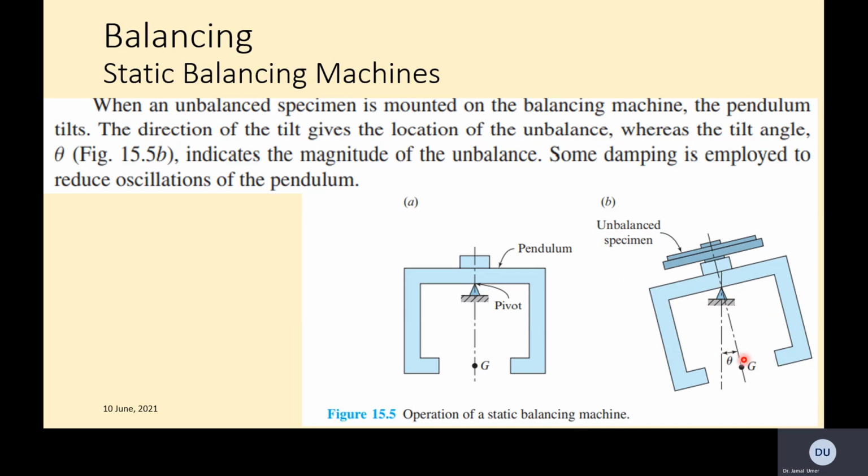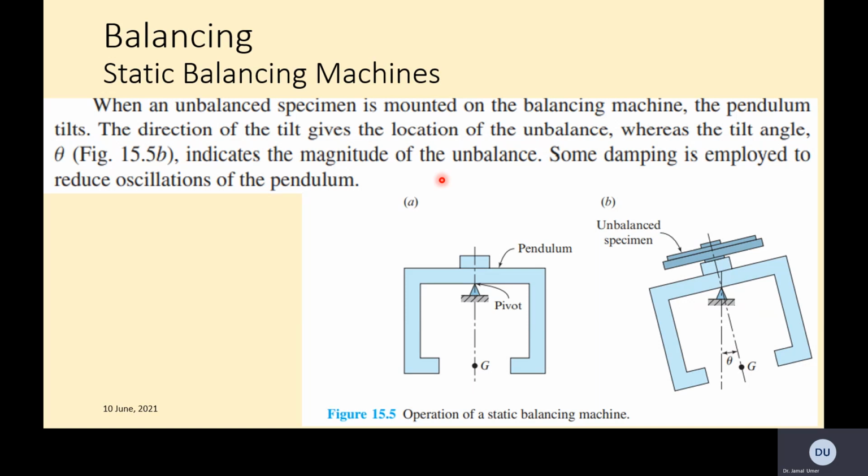When it's inclined by the angle theta, you would be able to find out what level of unbalance you have. So when an unbalanced specimen is mounted on the balancing machine, the pendulum tilts. The direction of the tilt gives the location of the unbalance, whereas the tilt angle theta indicates the magnitude of unbalance.